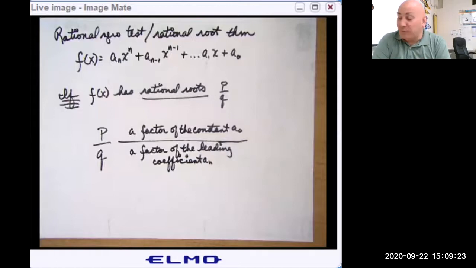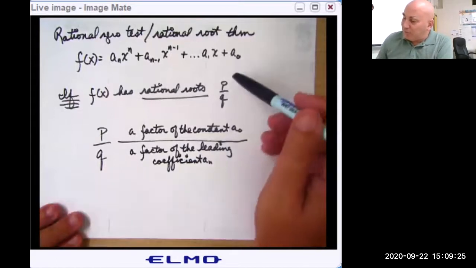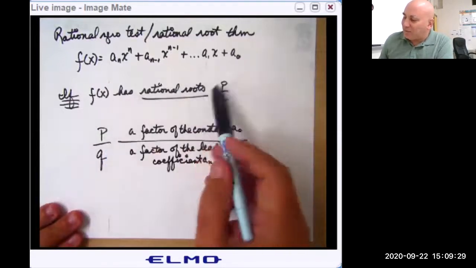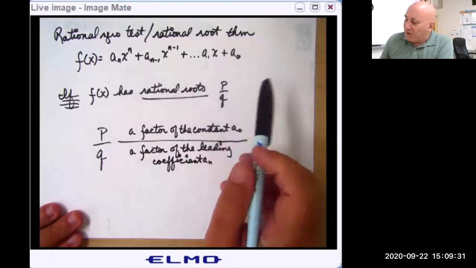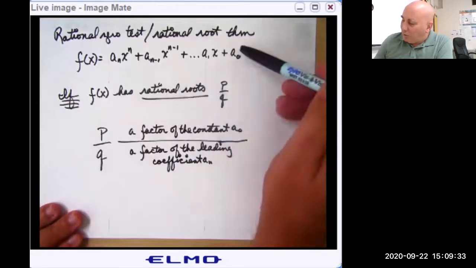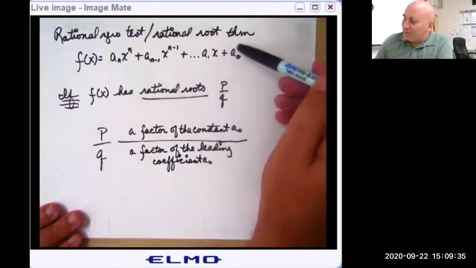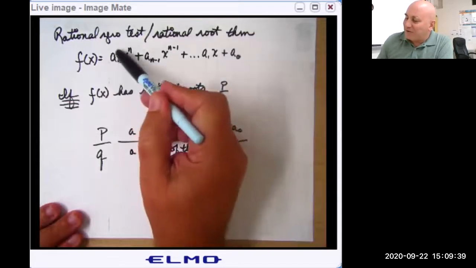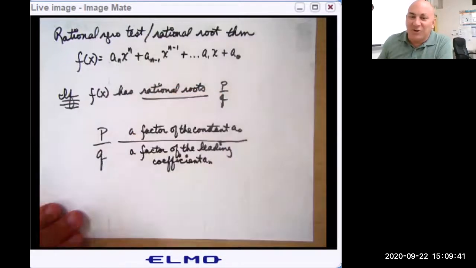A rational root. So if f of x has rational roots, p over q, then p will be a factor of this number, and q will be a factor of this leading coefficient.